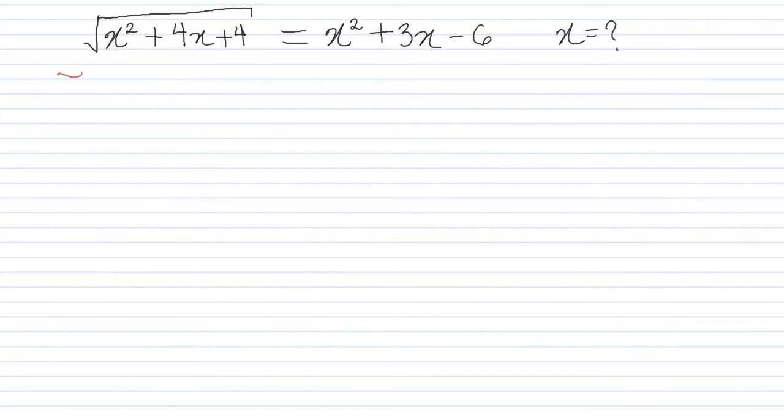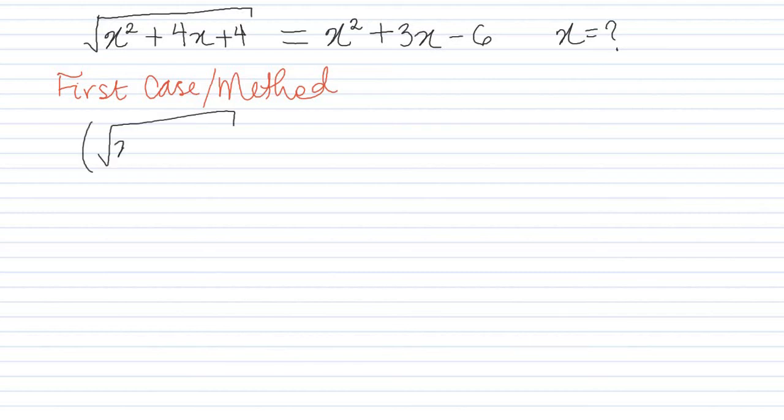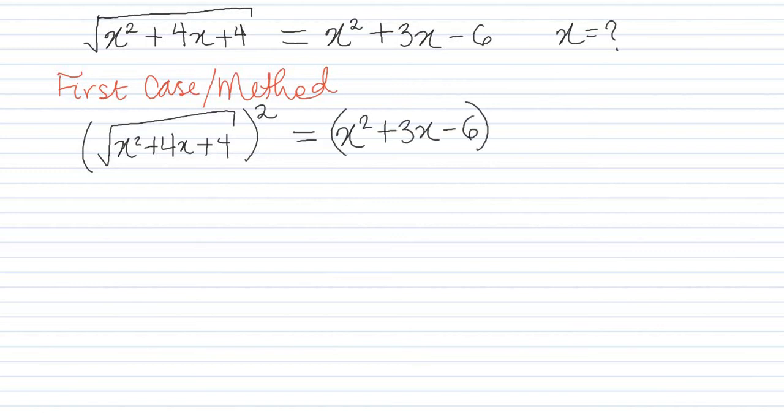The first case or method would be for you to square both sides: x squared plus 4x plus 4, squared, equals x squared plus 3x minus 6, squared.